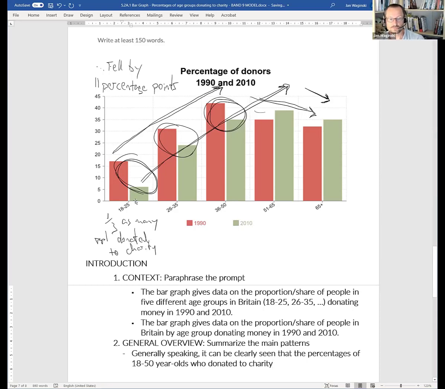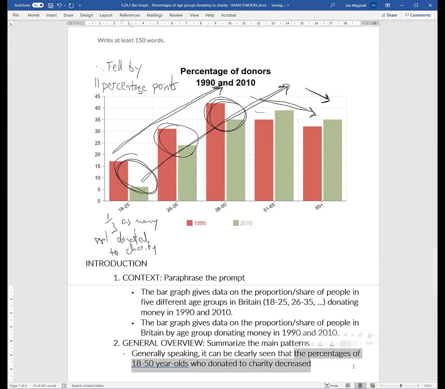Look, I'm going to lump everyone together in these three groups. What happened with 18 to 50-year-olds between 1990 and 2010? Participants are higher in 1990 than 2010. Okay. The percentages of 18 to 50-year-olds who donated to charity decreased over the given period, right?